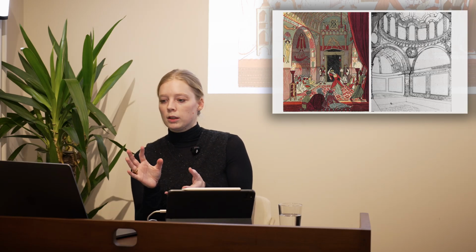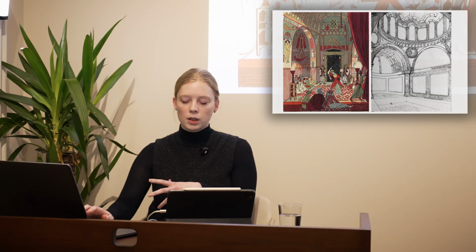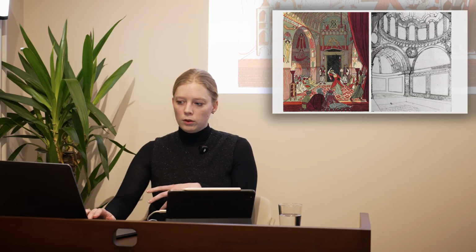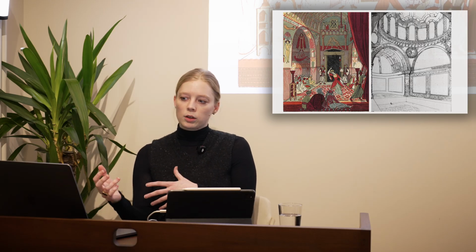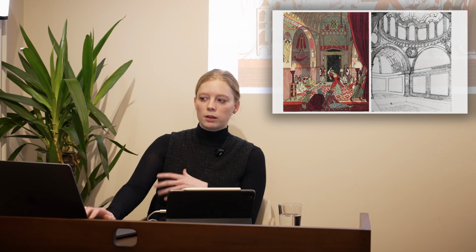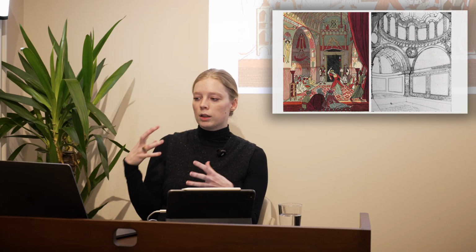And what we're also seeing is that the textiles being integrated into this image on the left are doing the job of creating space that you don't actually see in the reconstruction on the right. That's just the space of the stone and the stucco.